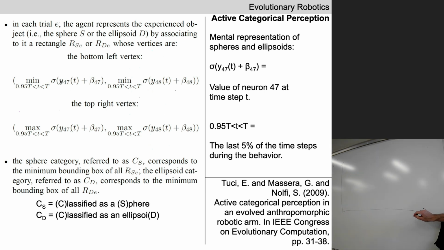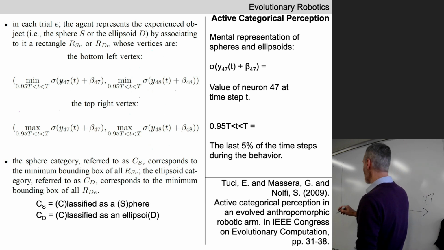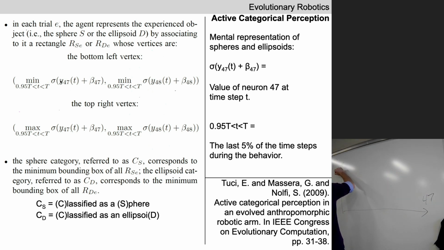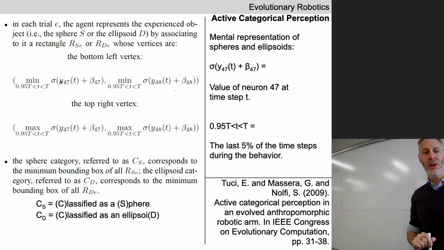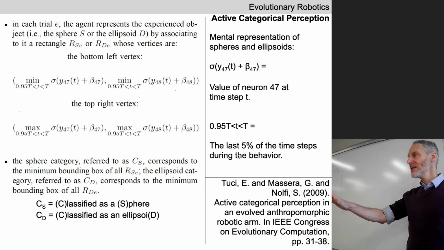So we're going to plot the value of neuron 47 on the horizontal axis, the value of neuron 48 on the vertical axis here, and we're going to look at the values of neuron 47 during the last 5% of the time steps that a CTRNN is being evaluated in a simulation.